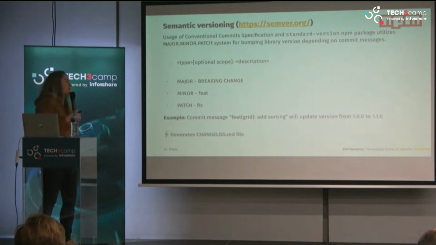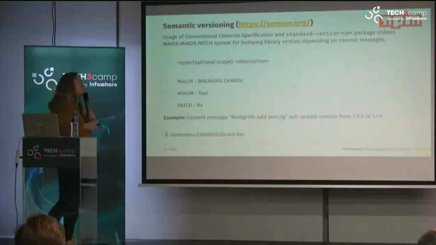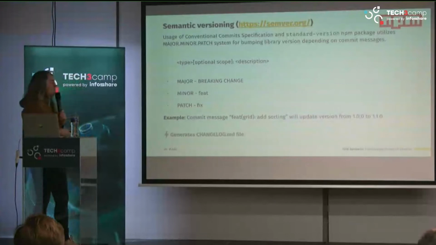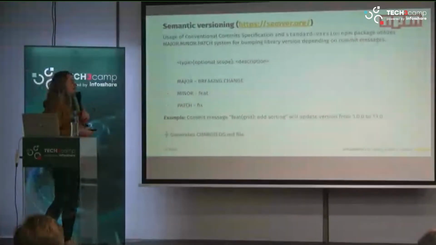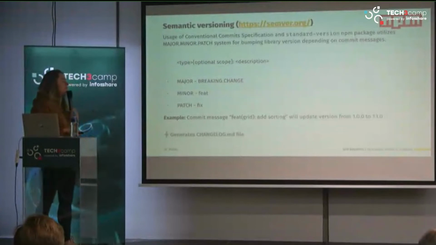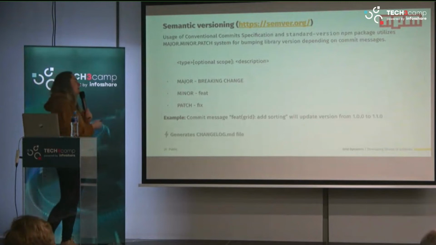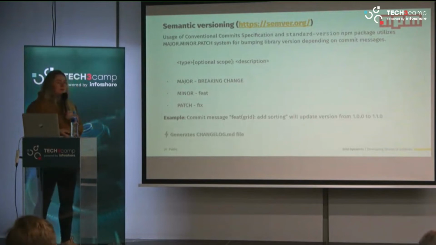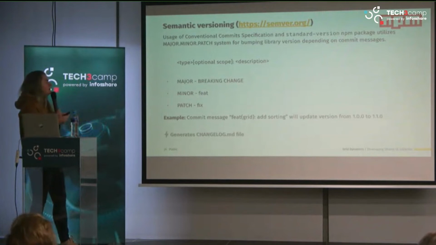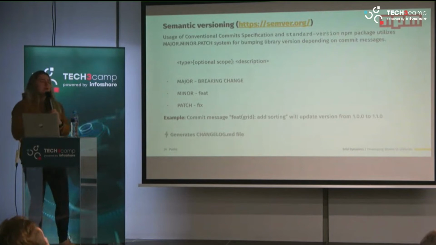If you use it together with the conventional commit specification, it allows you to run one command, standard version bump, to update the package.json version of your application based on your last commit message. As a benefit, this library generates a changelog MD file, which can be used for the releases page on your documentation site.